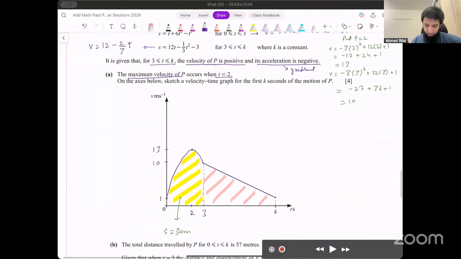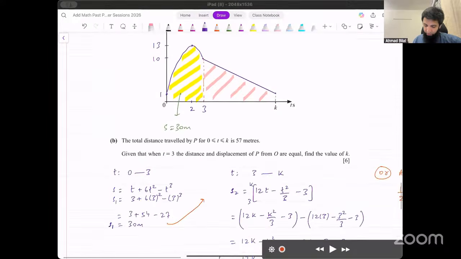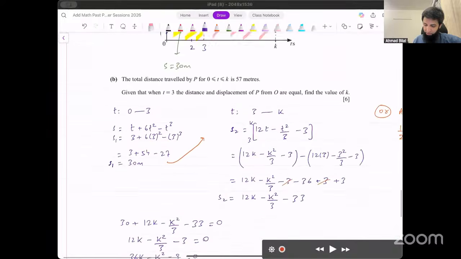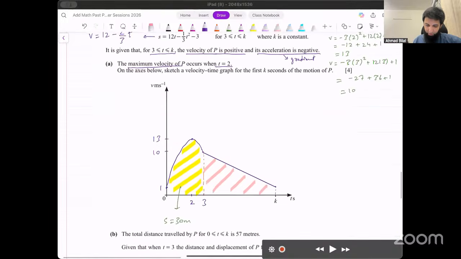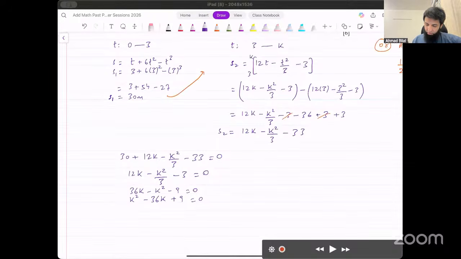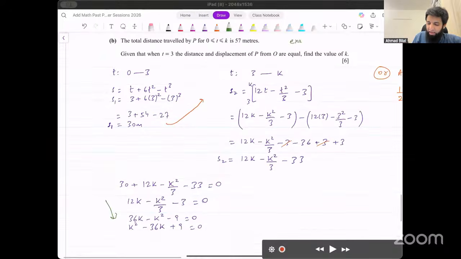Let me just check my working again. 3 to k, the displacement function 12t minus t squared over 3 minus 3. Okay, right. These were the limits from 3 to k. Often in the first part, in the quadratic equations in paper 1, they give you equations that can be factorized. Otherwise, they mention find exact value if you have to use quadratic formula. So let's just check in case our working is correct.